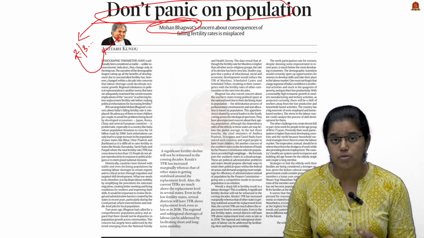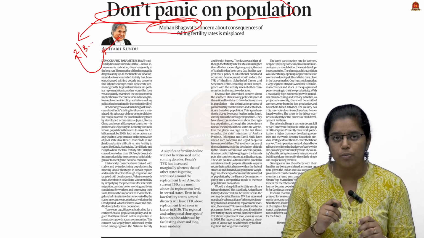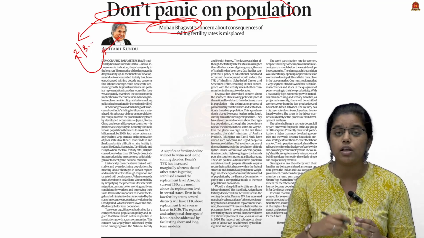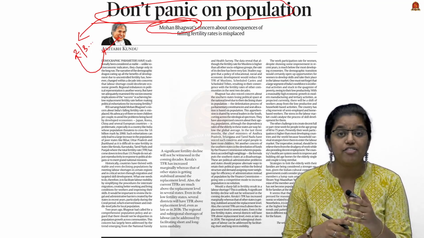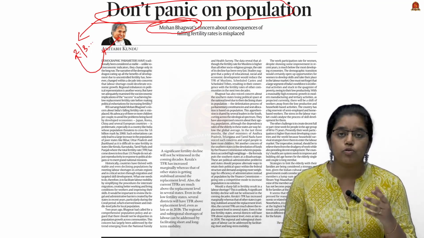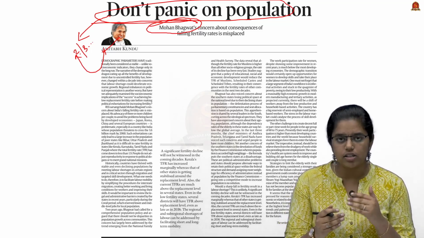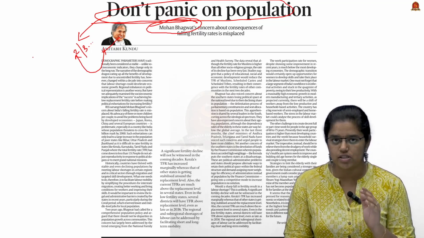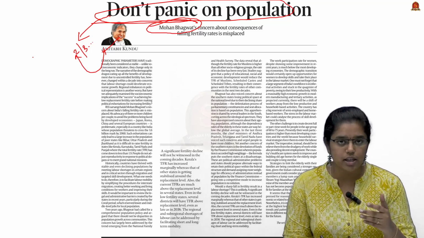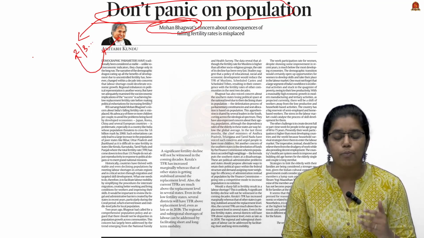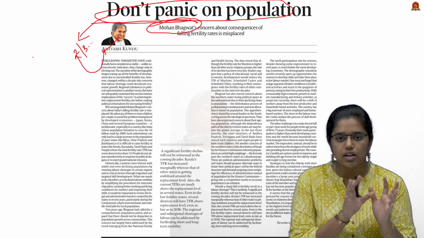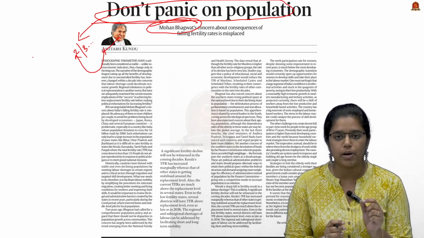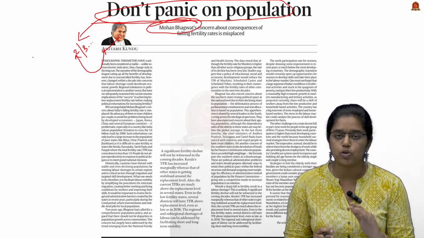And another question is whether the population control measures have caused a disparity between the southern and the northern states, where population control has been implemented differently, and what disparities it has created. These are the two main questions raised, and we will try to answer both with proper strategies. To understand this article wholly, we first have to decode the terms mentioned in this editorial with respect to the population.